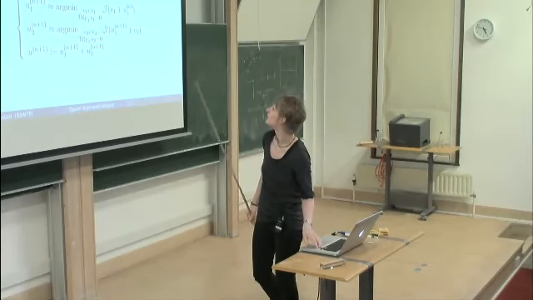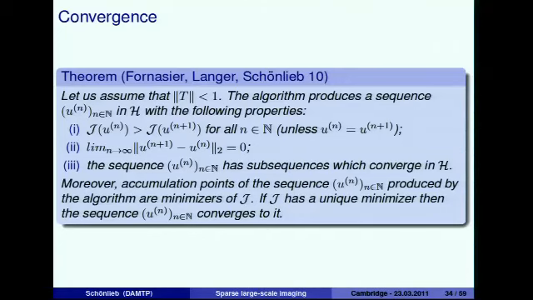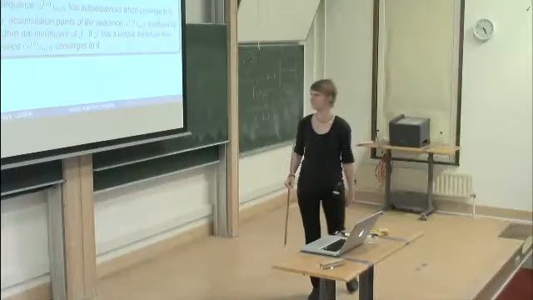So what can we prove? We can prove the same things as before for this iteration. But now we also have convergence. So we have that the sequence of iterative solutions of my domain decomposition algorithm is actually converging to a minimizer of the functional on the whole domain.